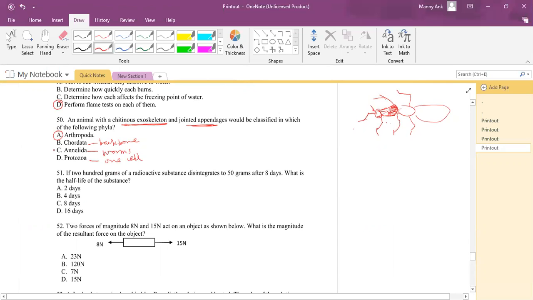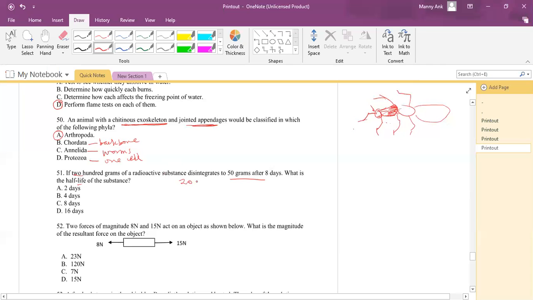Number 51. If 200 grams of radioactive substance disintegrates to 50 grams after 8 days, so it started at 200 grams. So radioactivity and half-life, remember half-life, time taken for half of the substance to decay or to break down.